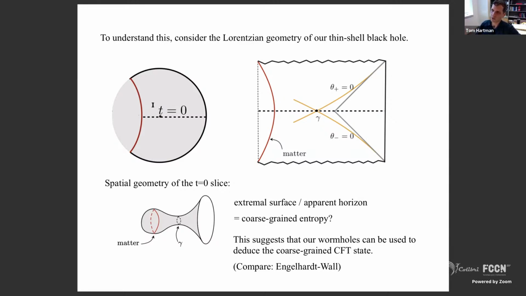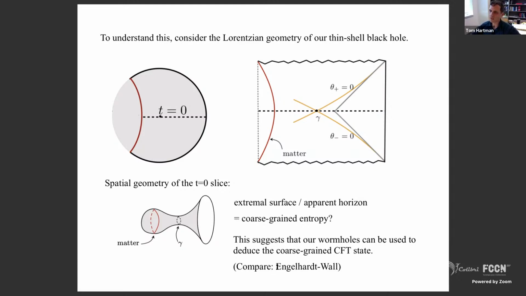That's really how we constructed those wormholes. And what all this suggests is that our wormholes are related to the coarse-grained entropy. And therefore, it should be possible to use these wormholes to deduce the coarse-grained state in the dual CFT. So there should be some kind of coarse graining procedure that you can apply to a pure state black hole to get a mixed state, and these wormholes are telling us about that coarse graining procedure. So that's the picture here.